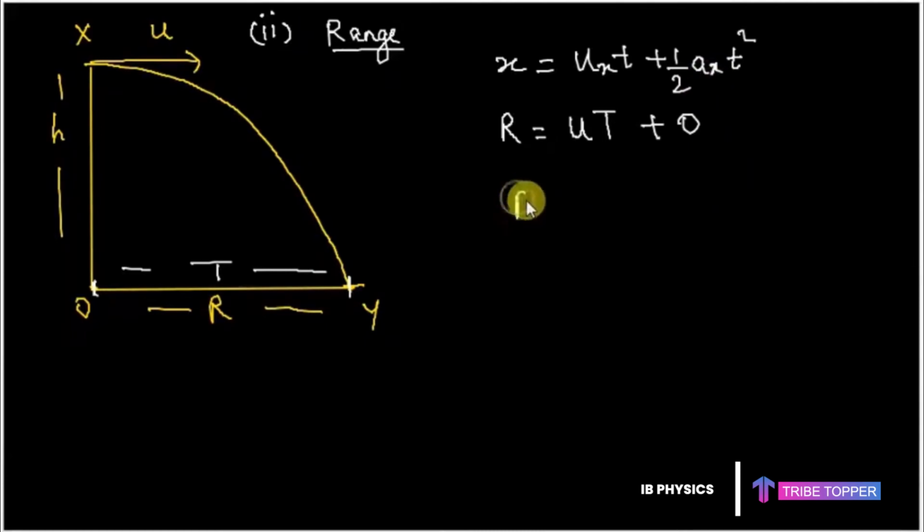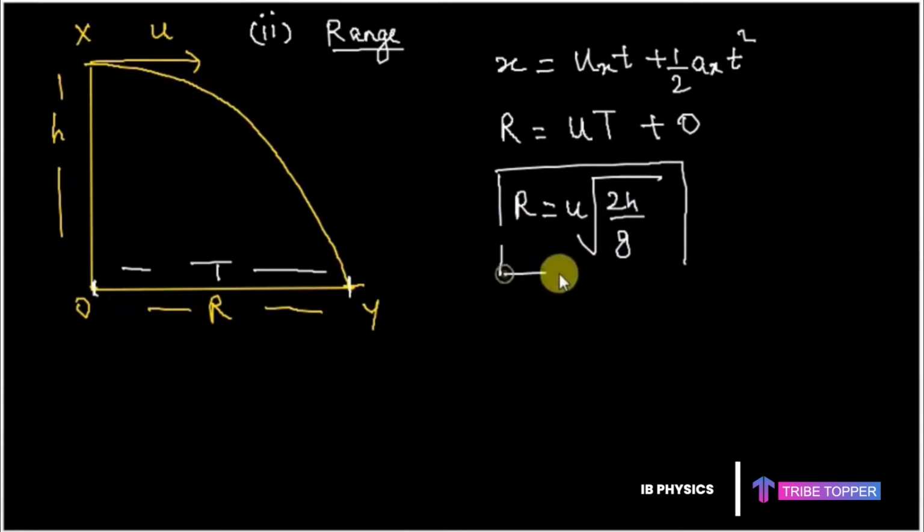So r is just equal to u times t, and t we just found out is root of 2h by g. So how far the object falls depends on two things: the height from which you throw it and the initial velocity, how hard you throw it, like what is the maximum velocity you have given. So if you throw it with a greater velocity, it is going to fall farther away.